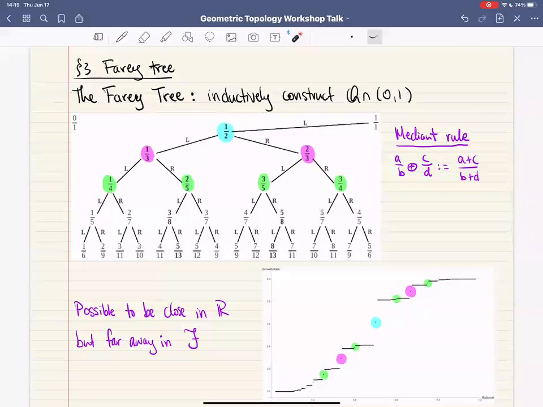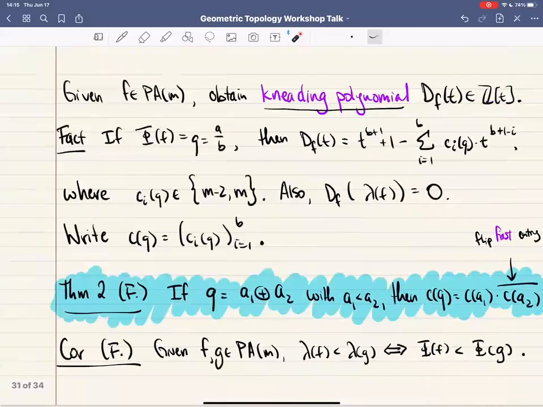And even if you're close in the real line, your corresponding addresses might not look similar. And that appears to be borne out in the entropies, in the dilatations for these rational numbers. Okay, that's a little bit hand wavy. I can say something more precise.